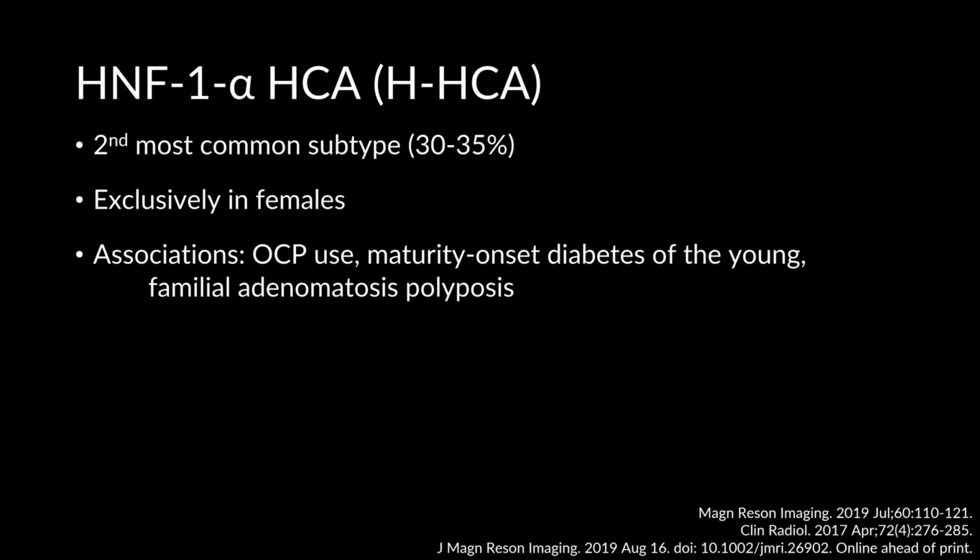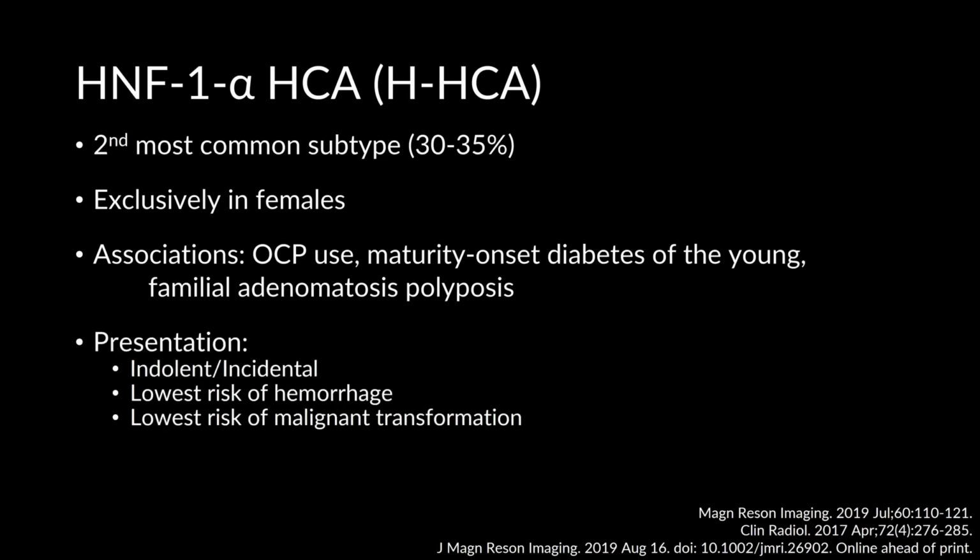Other associations include maturity onset diabetes of the young and familial adenomatosis polyposis. So in general, these present indolently or incidentally because they have the lowest risk of hemorrhage and lowest risk of malignant transformation.